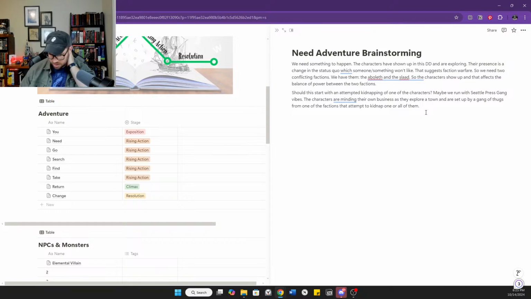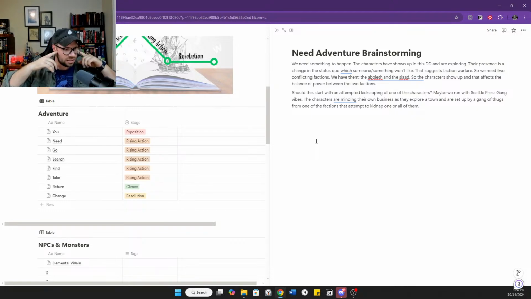I kind of like the idea of it being an unfair fight to start, and them having to work their way out and escape, because that also gives us a clean finish to it. The characters have succeeded in the adventure when they escape the facility that they've been taken to.